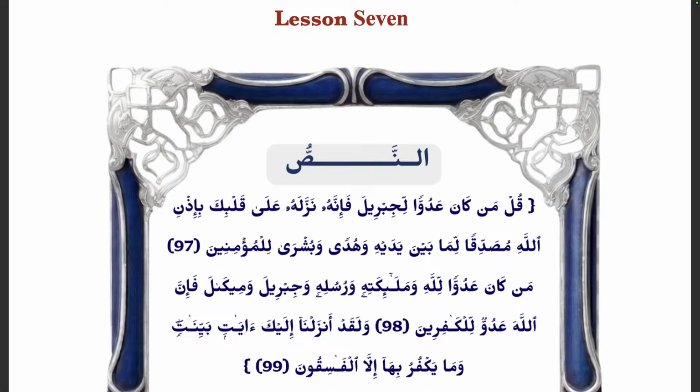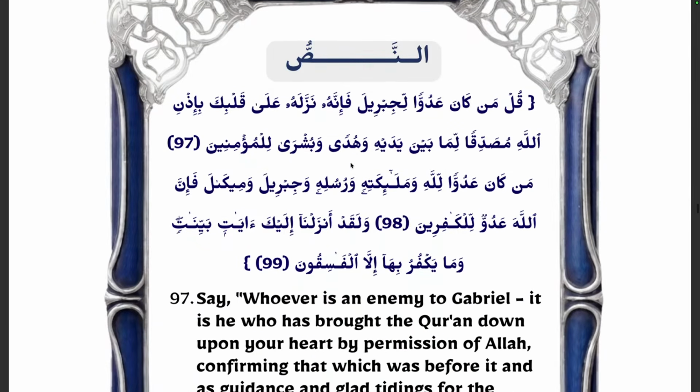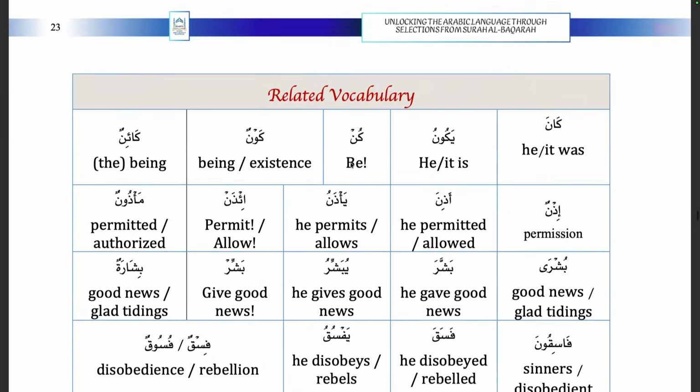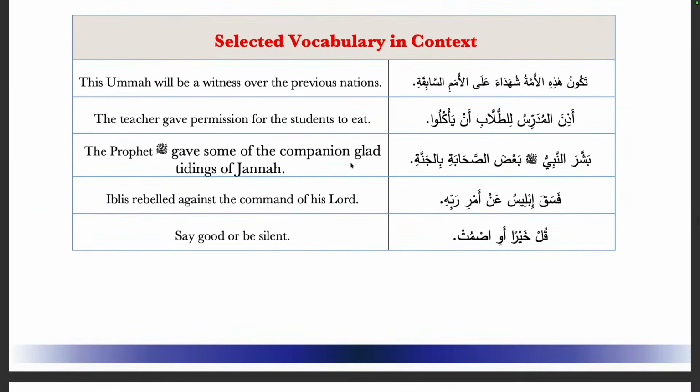In our last class, we just went through the text and we did the related vocabulary and also the sentences, correct? Right, that's where we stop.